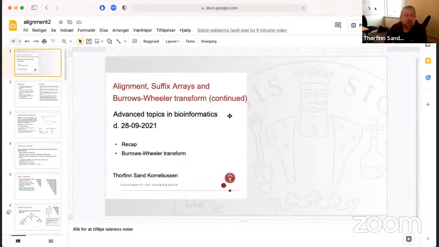I'll continue where I left off last week about alignment. I'll do a short recap, and then hopefully people can understand how fantastic this Burrows-Wheeler transform is that I'll talk about. After this, Lei Xiao, a postdoc that I share together with Rasmus Nielsen from UC Berkeley, will talk about the uncertainty of sequencing data.